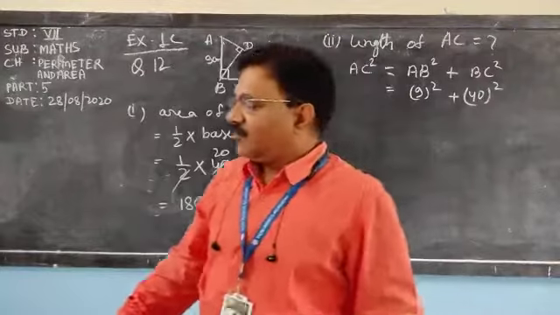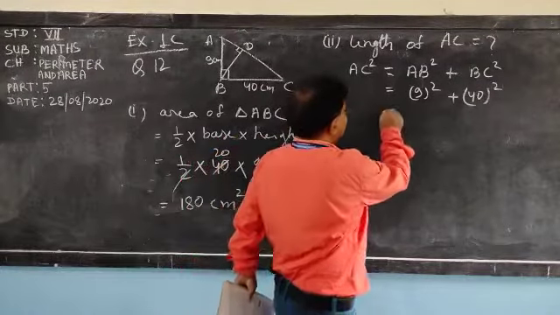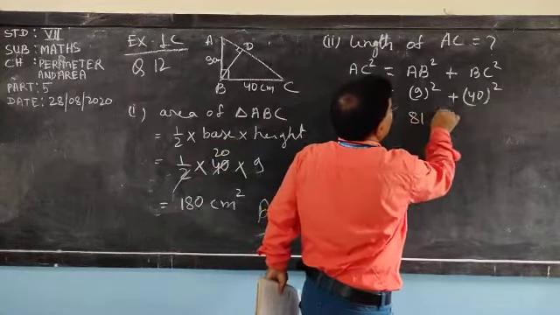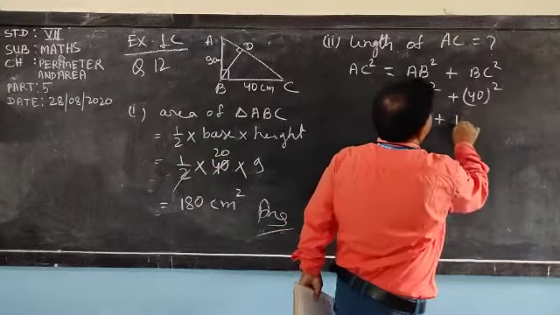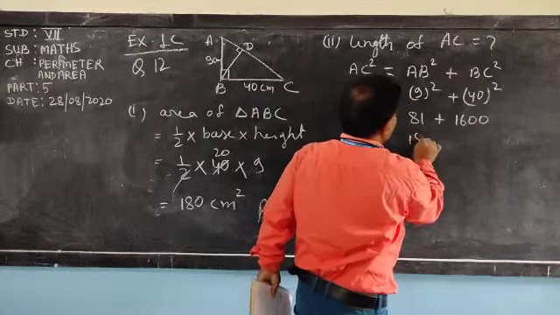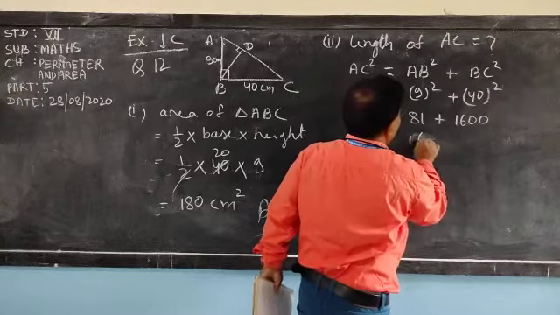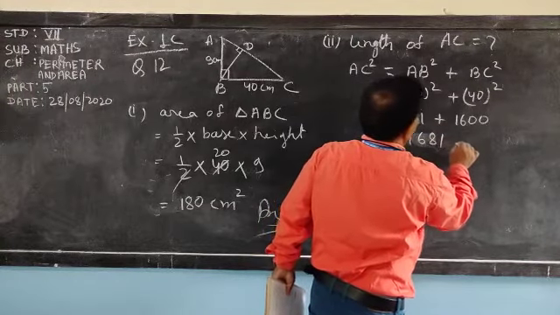9 square, 9 nines are 81. And 40 square is 16 double 0, that is 1600, so the sum is 1681.